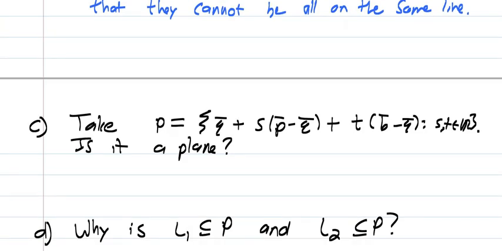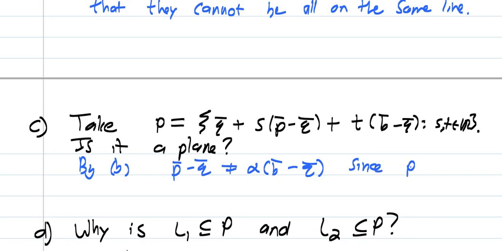Take the plane P of the form Q plus S(P minus Q) plus T(B minus Q), where S and T are real numbers. So this is a set. The question is, is this a plane? Why or why not? The answer is, P minus Q is not equal to alpha(B minus Q), since P, Q, and B are not on the same line.